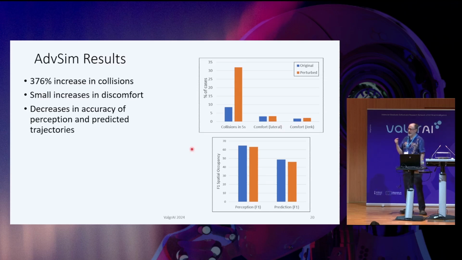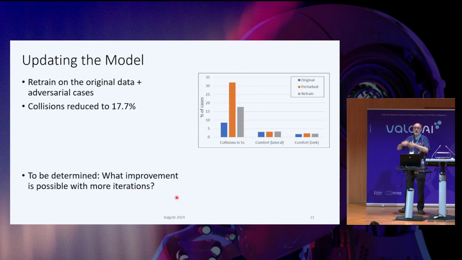It's interesting that although they are not deliberately trying to fool the deep learning computer vision part that's analyzing the LiDAR point clouds, they do actually make them somewhat less accurate. So these are estimates of the F1 score for perception, and this is for predicting the future paths of the vehicles, which is another thing the system has to do. So then they can retrain the model now with these cases that they've generated.